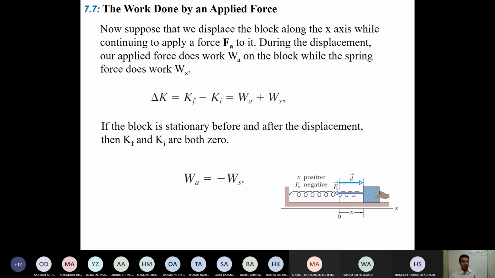Suppose in that situation, the total kinetic energy of the block is 0. The block was initially at rest and afterward at rest. So we get that the work done by the applied force is equal to the work done by the spring force. Exactly like this equation here.